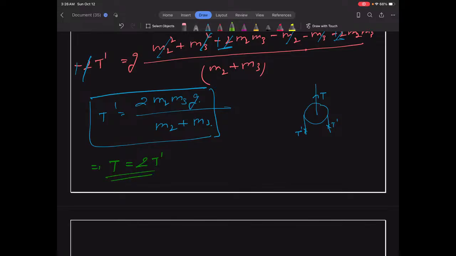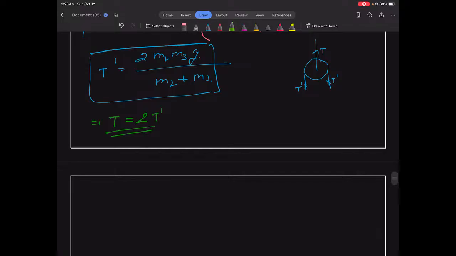And now we come to our beam, so we can once again draw the beam. This is the point of pivot. L1 is the length on the one side, having a mass of m1. So this is mass of m1, and here there will be a force which is our tension T, and that is equal to 2T prime.